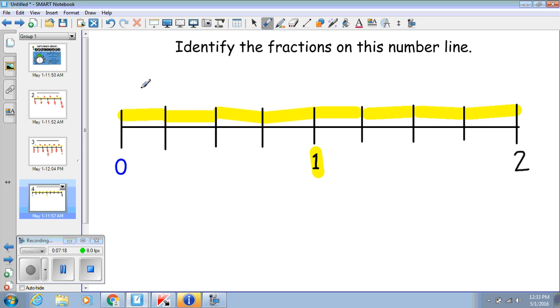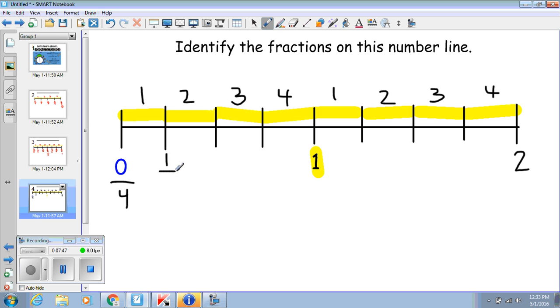So we said this was 1, 2, 3, 4. So this number line is made up of 4 equal parts. And then we see another one added to it. 1, 2, 3, 4. Let me go back. So this is 0/4.